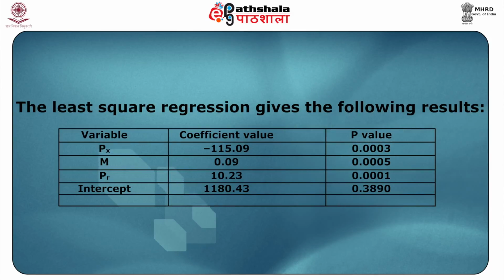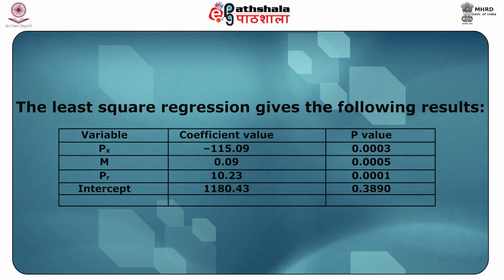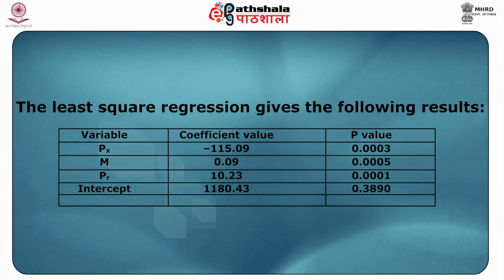Results of the regression. We will have 3 rows: variable, coefficient value and p-value. For variable Px, coefficient value is minus 115.09 and p-value is 0.0003.